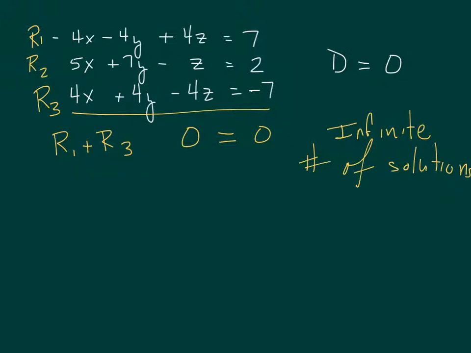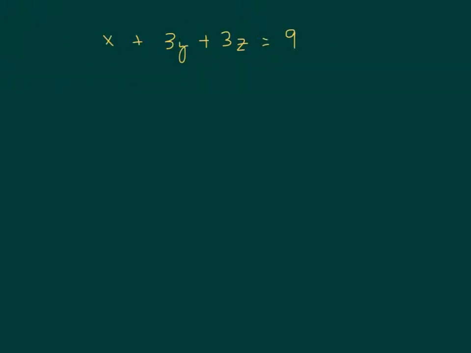So if we were to add row 1 and row 2 together, we could get 1x plus 3y plus 3z equals 9. And that's adding row 1 and row 2, or equation 1 and equation 2 together. Now let's write down equation number 2 below this new equation that we have.